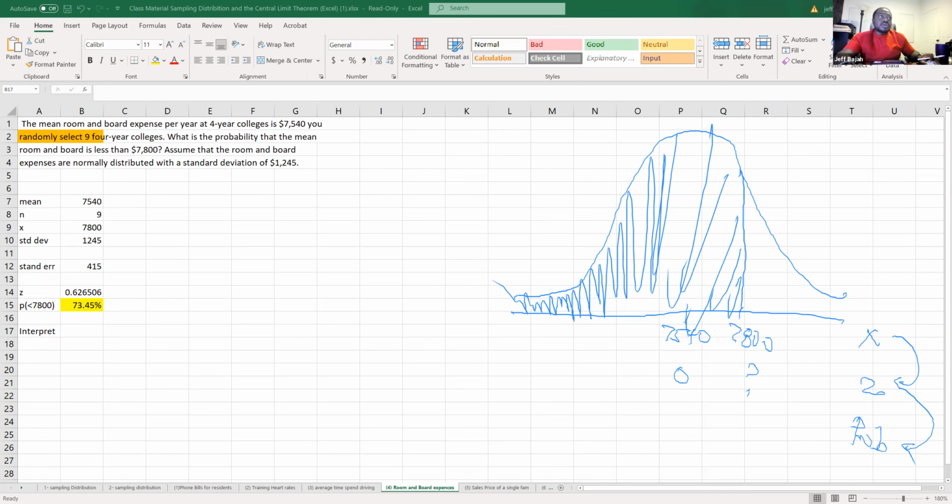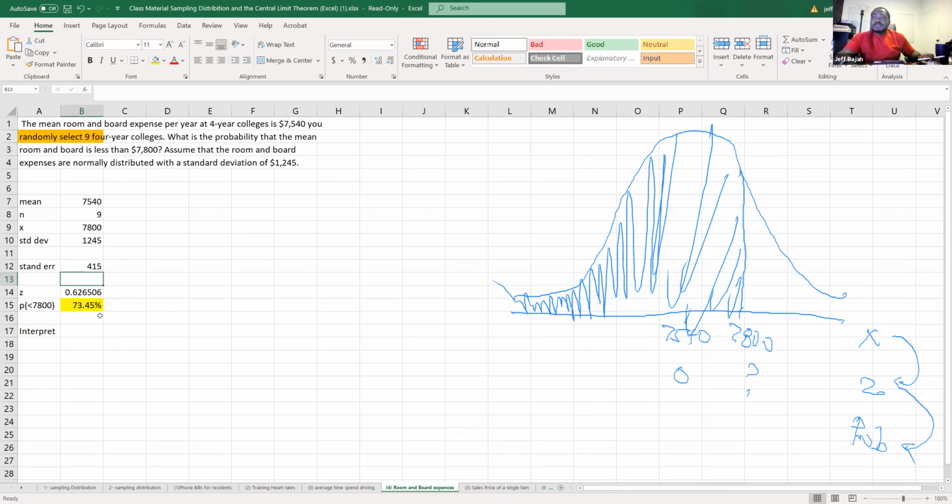Okay, could you hover over standard error? This one, right? So that's standard deviation over the square root of n.